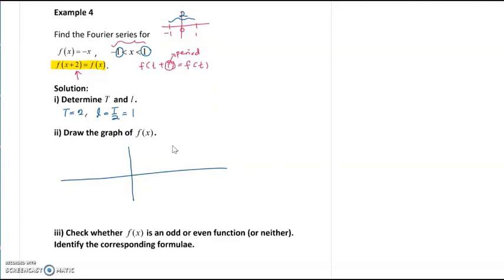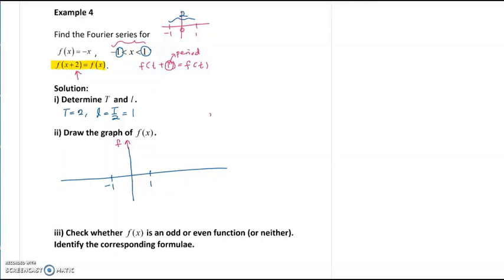So take x from -1 to 1 first. The y-axis is your f. So f(x) equals -x.